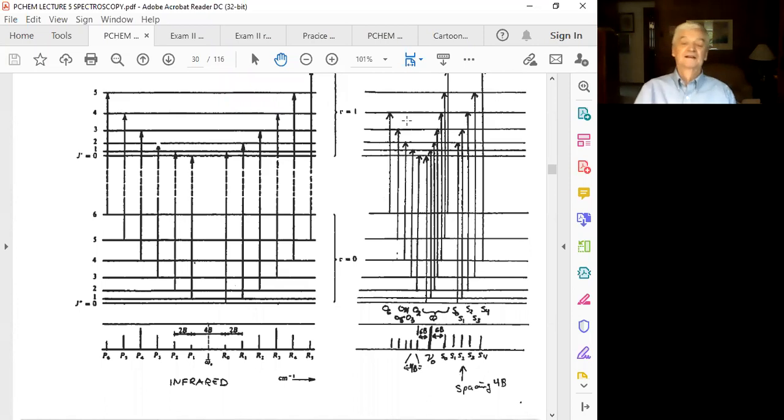Where I've been simplifying it for you is when I take, for example, a 2s orbital and combine it with another 2s orbital and say then we get 2 molecular orbitals, it is not quite that simple.